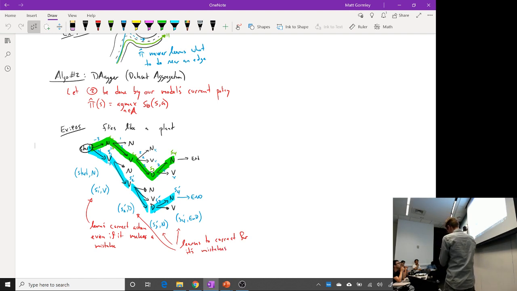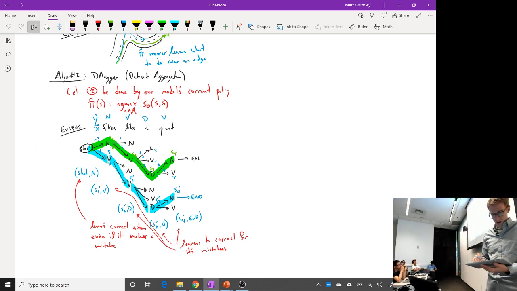Oh, sorry, I actually have my arrows wrong. So the place where it's going to learn the correct action, even if it makes a mistake, is in this first case, right? So the place where it made a mistake was the model predicted verb, but the actual thing was noun, okay? So the training example still contains the action of the oracle policy, right? Because we know what the true sequence is, right? In this case, we have some y star sitting here, right? This was our vector x, and this was our training example y. And so we know that N, determiner, verb was the correct sequence. And so we're going to try to imitate that sequence as well as we possibly can.